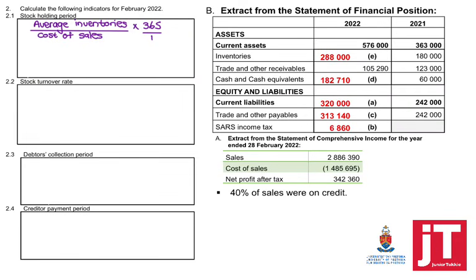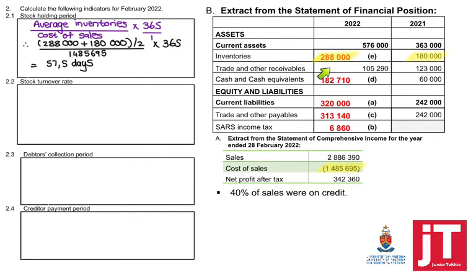Calculating the stock holding period. You have to take your average inventories divided by cost of sales times 365. Remember, your answer must be in days. Now, when we look at average, it's always the beginning plus the end divided by 2. Make sure that you use what you've just calculated.